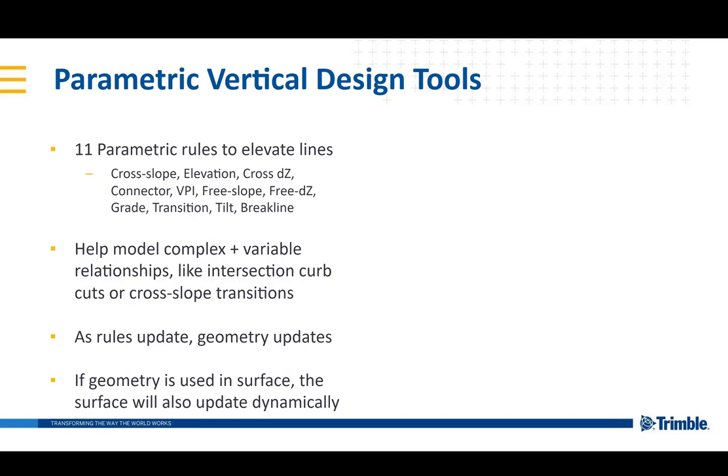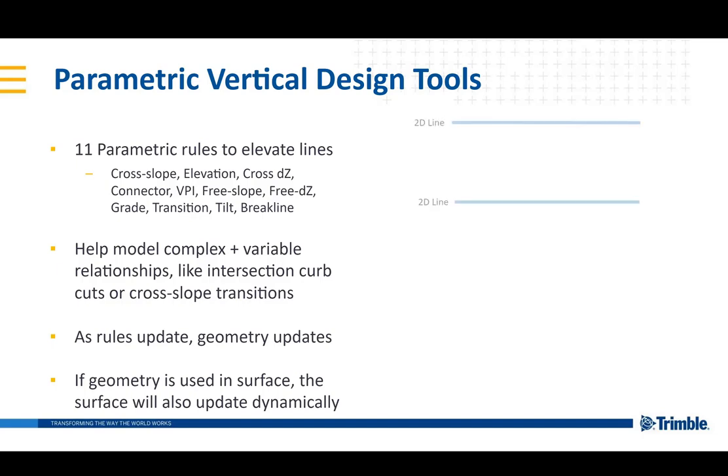What this can do and what this means for you is it helps you model complex and variable relationships, such as intersection curb cuts or cross slope transitions along roadways or field sites. As rules update, the geometry updates, and then as the geometry updates, the surface will also dynamically update.